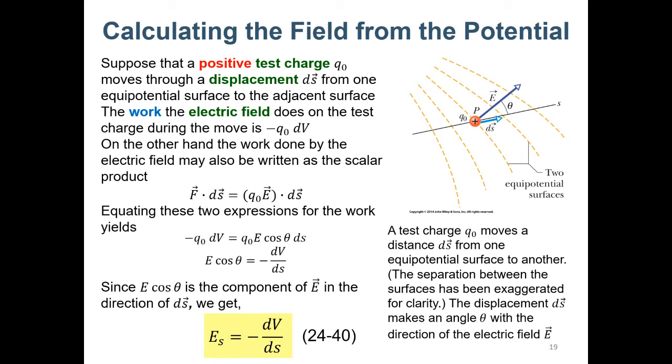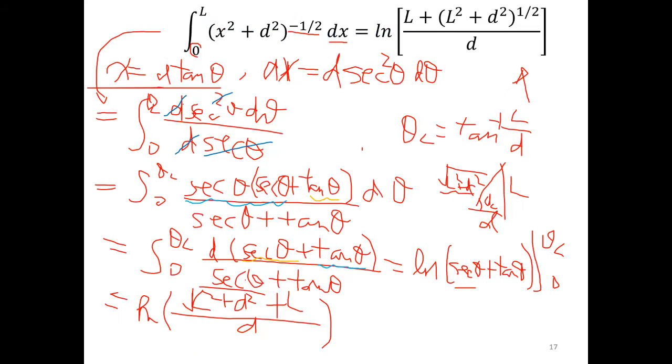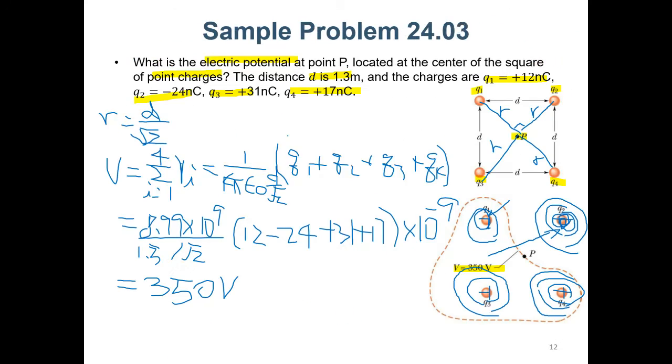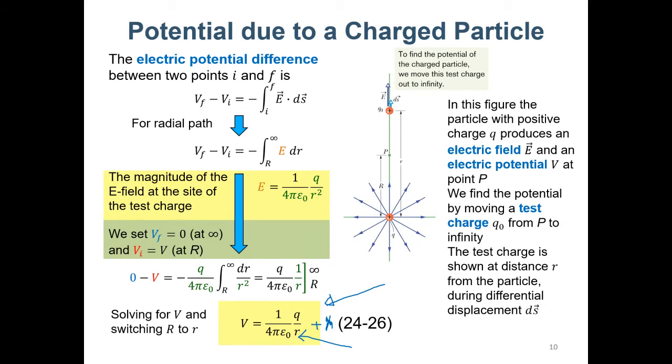Okay, so next we consider calculating the field from the potential. Previously we know we have an expression like this. Suppose we know there is a continuous charge distribution, we should be able to calculate the E field.